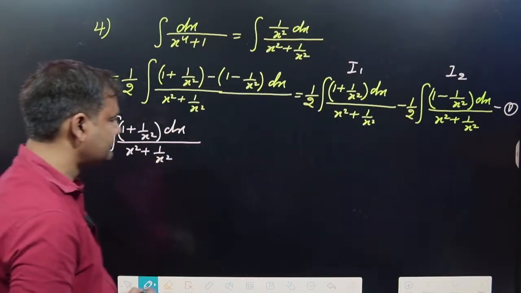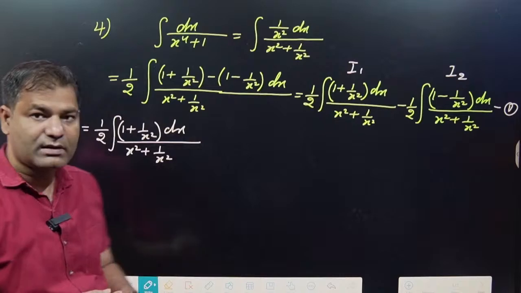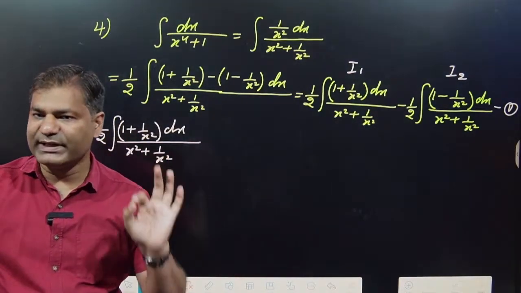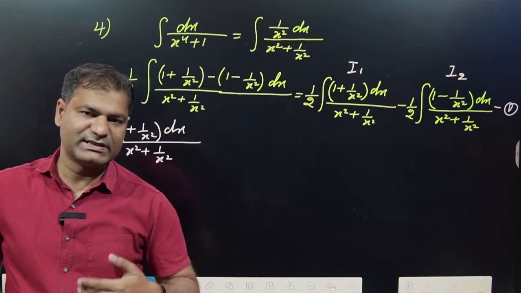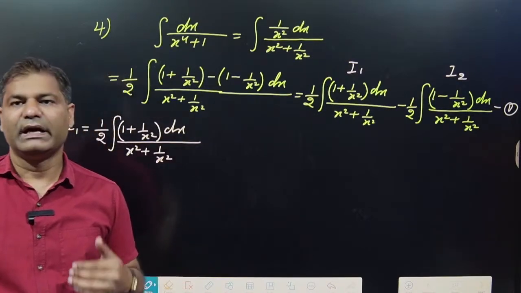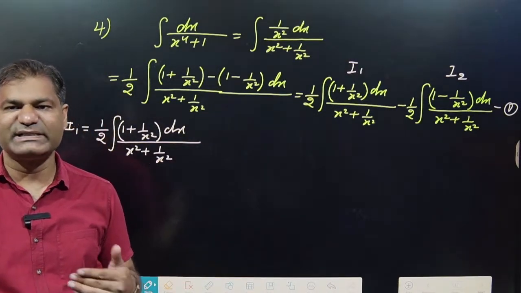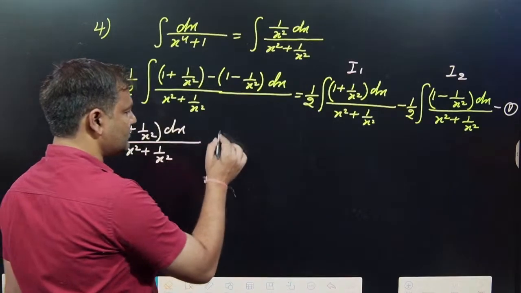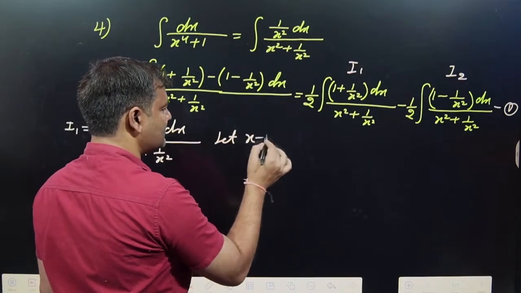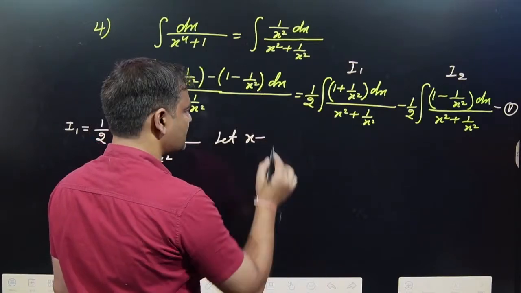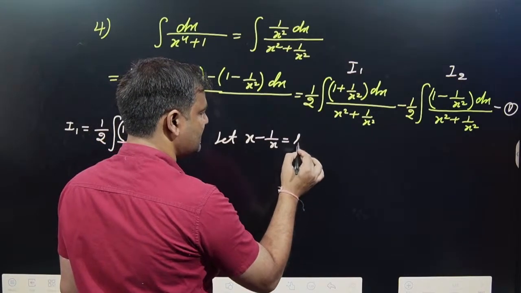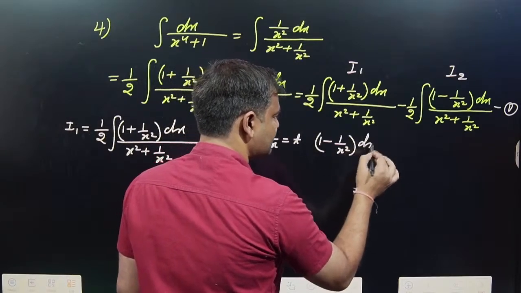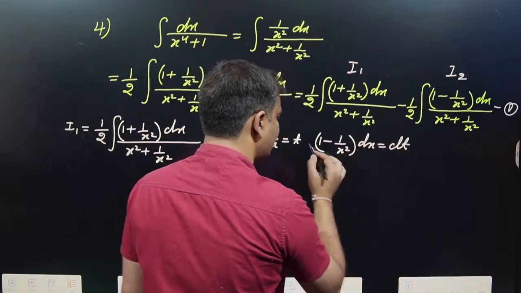Look here, in the numerator part, 1 plus 1 upon x square dx, which part is taken as t? If x minus 1 upon x is taken as t, then differentiate that one. Look here, let x minus 1 upon x be t, so 1 plus 1 upon x square dx will be equal to dt.